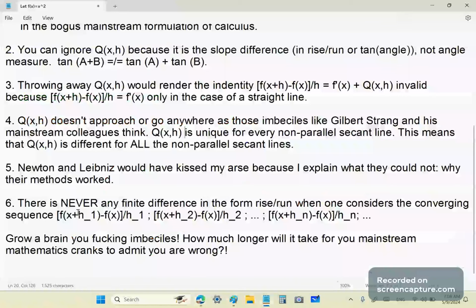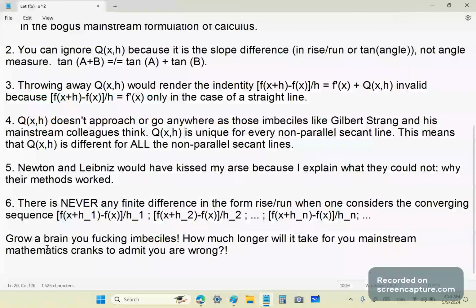So Newton and Leibniz would have kissed my ass because I could explain what they could not. What did I explain? Why their methods worked. Okay, Berkeley was right in lambasting them, but he wasn't able to explain why their methods worked.